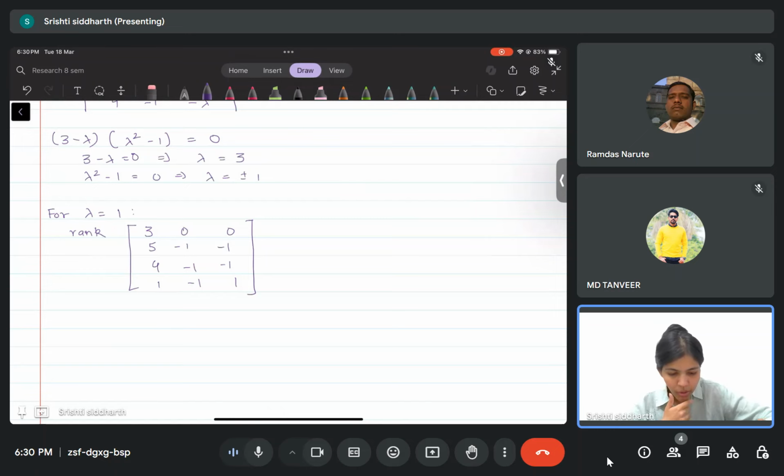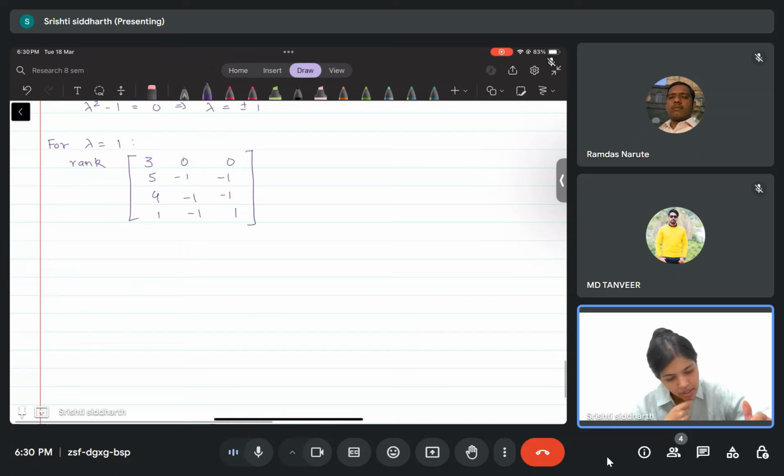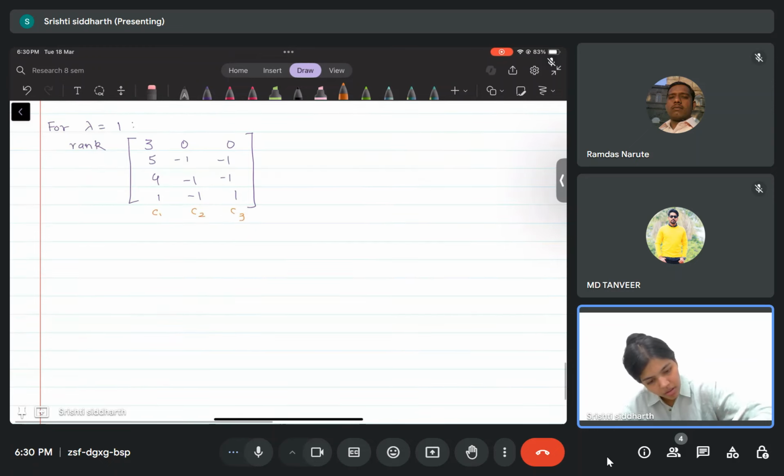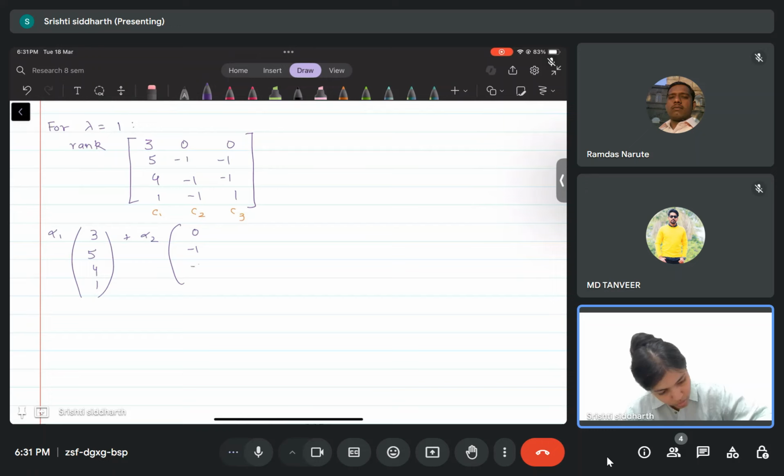So the rank is going to be either equal to 3 or less than 3. So let's see if the 3 columns are linearly independent or not. So we have C1, C2, C3. Let's see. We have alpha 1, 3, 5, 4, 1, alpha 2.